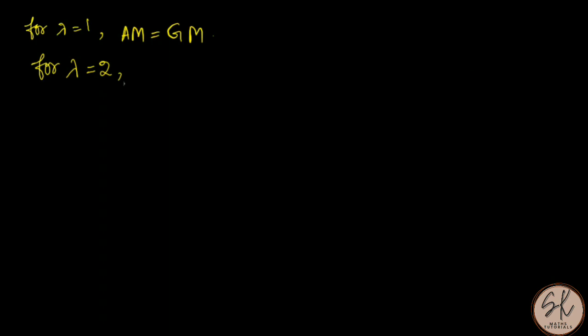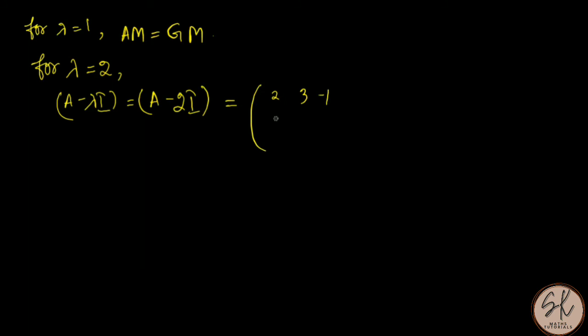We will find A minus lambda I, which is A minus 2I, since we have taken lambda as 2. A is 2, 3, minus 1, 0, 2, minus 1, and 0, 0, 1, minus twice the identity matrix 1 0 0, 0 1 0, 0 0 1.